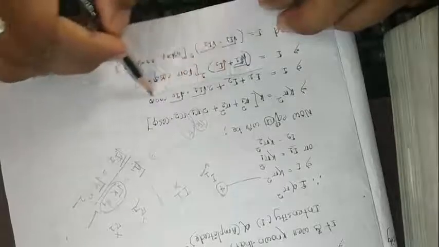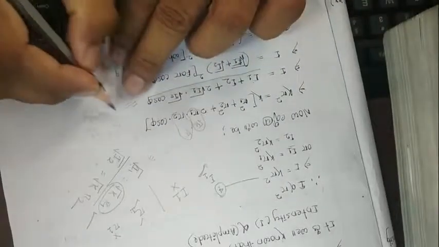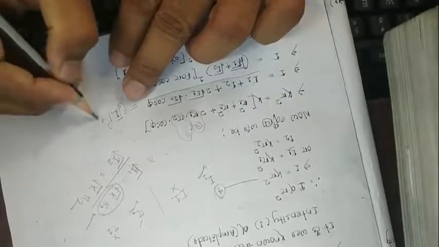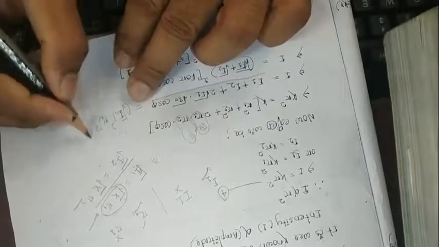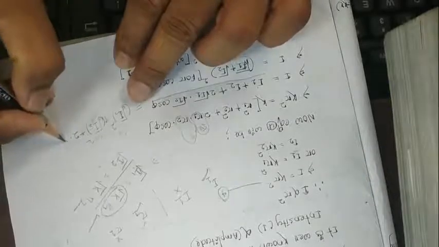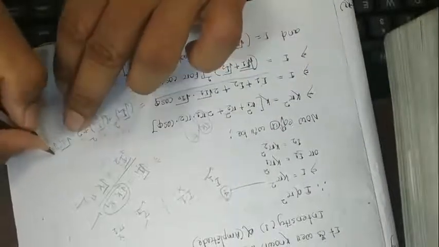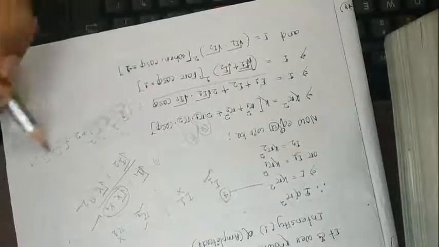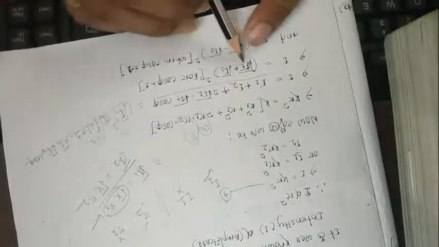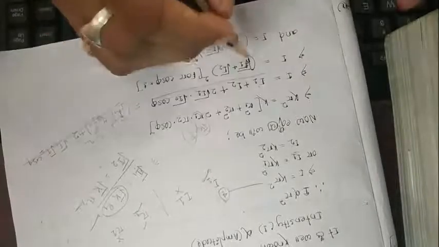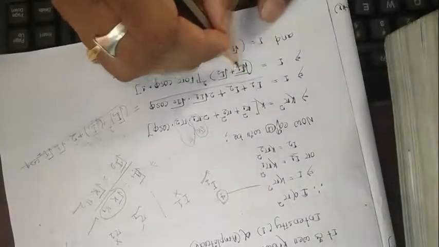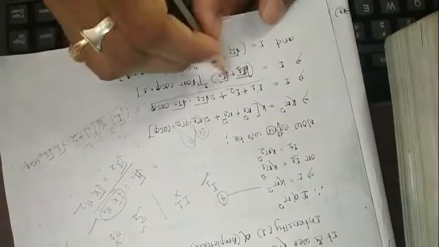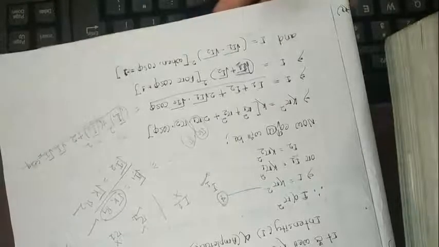So this much can be written in this format: root I1 square plus root I2 square plus 2 into root of I1 into root of I2 into cos phi. So this is nothing but root I1 plus root I2 whole square.